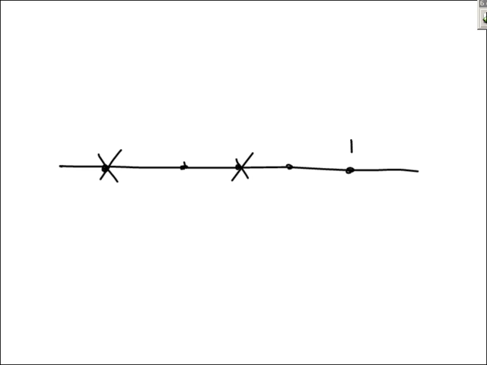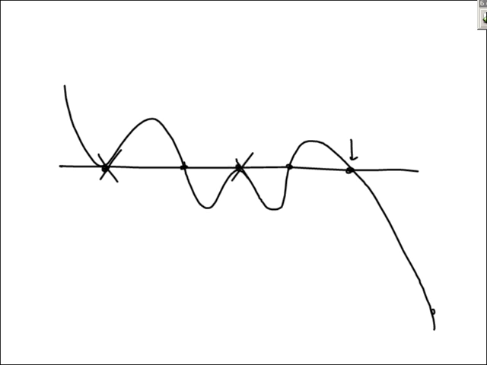When x is big, bigger than the highest 0, we're negative. The graph will go like this. We cross, we come back and we cross again at the next 0. So now we need to just touch and then cross and then just touch.